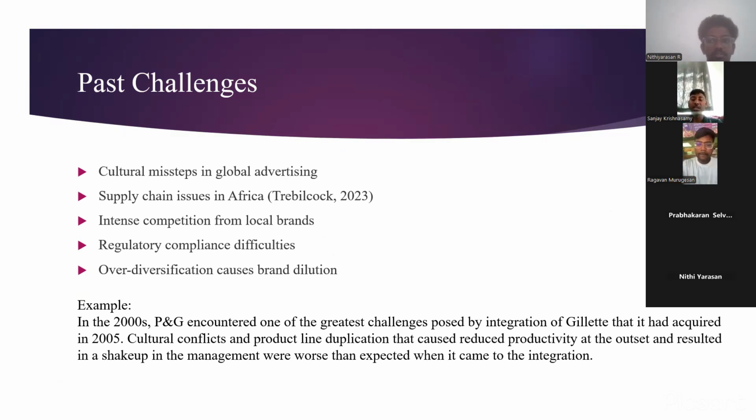And also, there is a real-time example of a past challenge faced by the P&G company. In 2000, P&G encountered one of its biggest challenges, caused by the integration of Gillette, as I mentioned earlier.